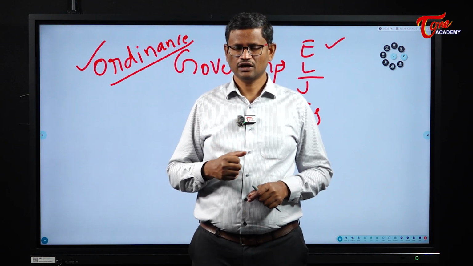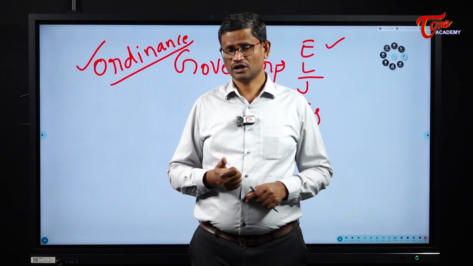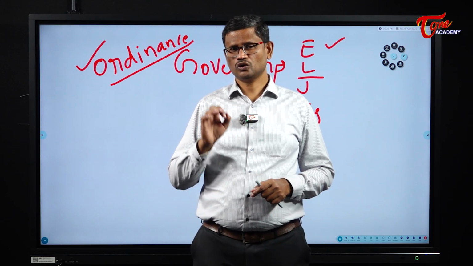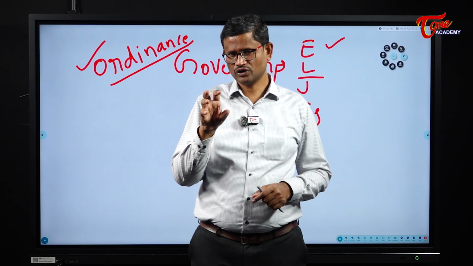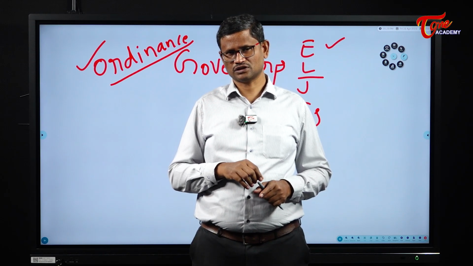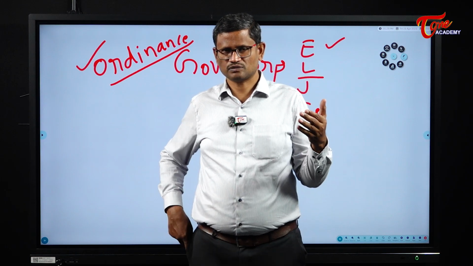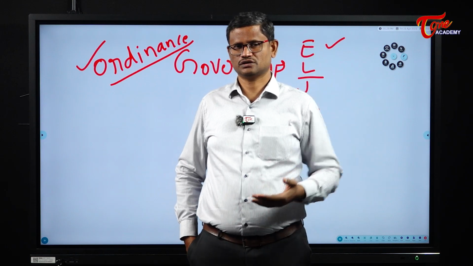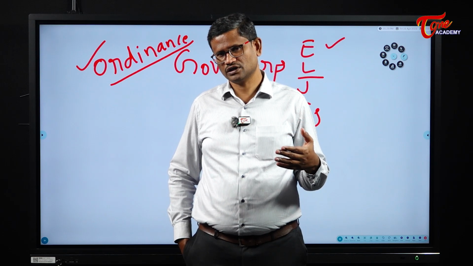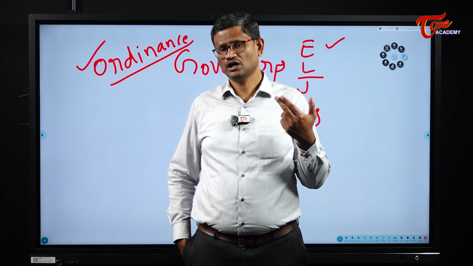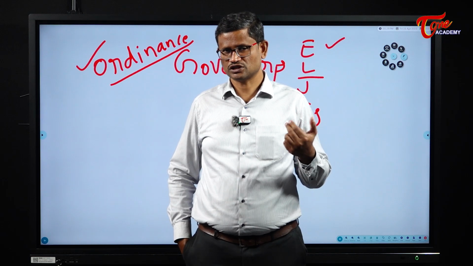As I said earlier, an ordinance is a law made by the executive branch. So with respect to all the subjects in the state list, so as of now we have around 59 items in the state list. With respect to all the 59 items in the state list, the governor can issue ordinance. But remember, this is not a discretionary power. The governor can issue ordinance only on the advice of the Council of Ministers headed by Chief Minister.